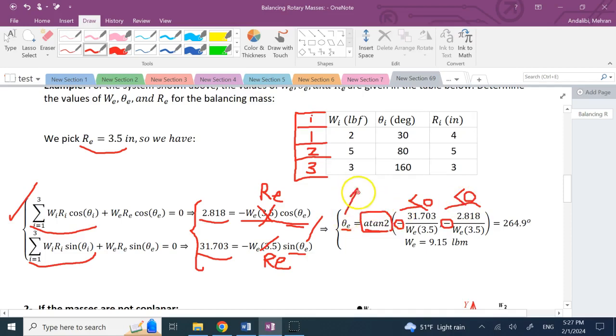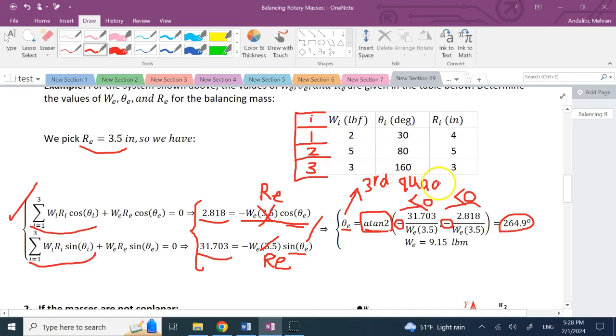So your angle should be between 180 and 270, and you see here the angle calculated is 264.9 degrees, okay? So this is your angle.